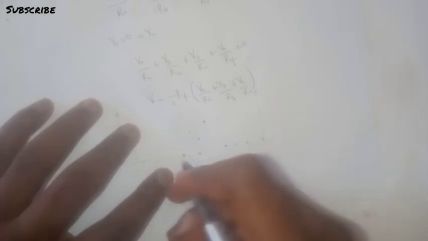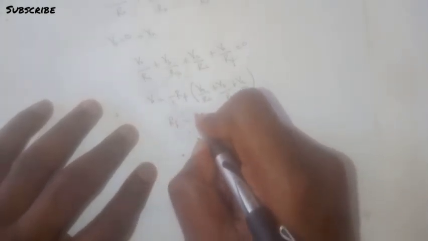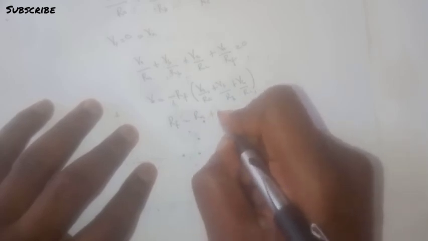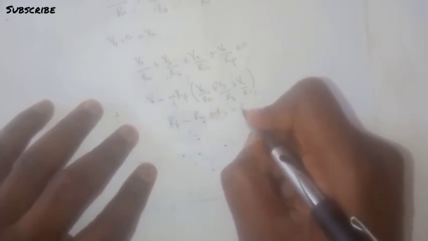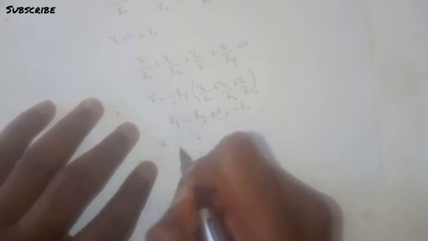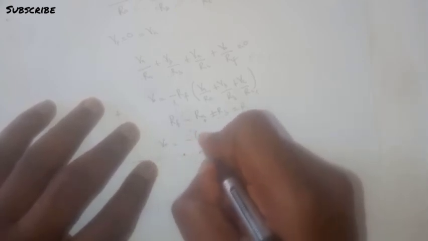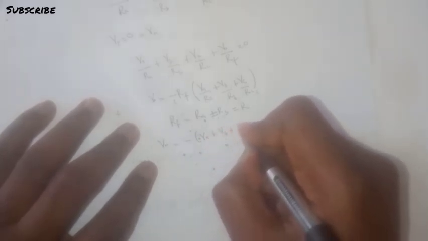Now think of a case where we have Rf equal to Ra, which is also equal to Rb, which is also equal to Rc. In that case, all of these will cancel out Rf, and we would have V0 equal to minus (Va plus Vb plus Vc).